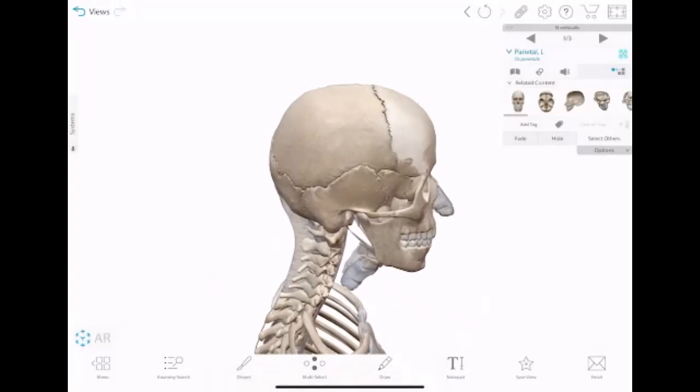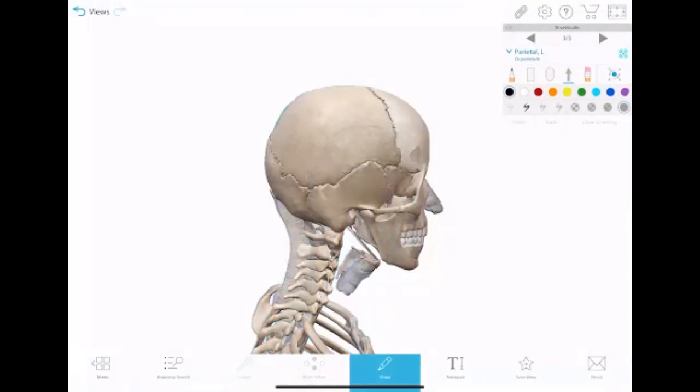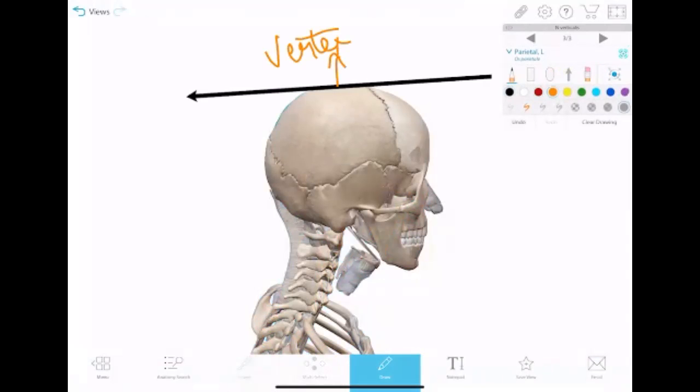So if we draw a line, this is the vertex, because that is the highest point of the skull.